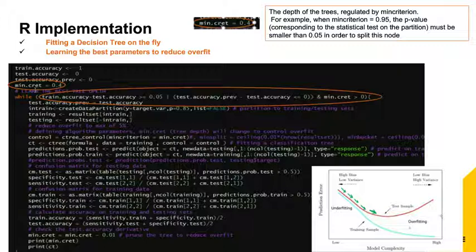But basically, as we reduce the mincriterion, we're actually increasing the p-value, so our null hypothesis could be rejected more easily, and more partitions can be created.